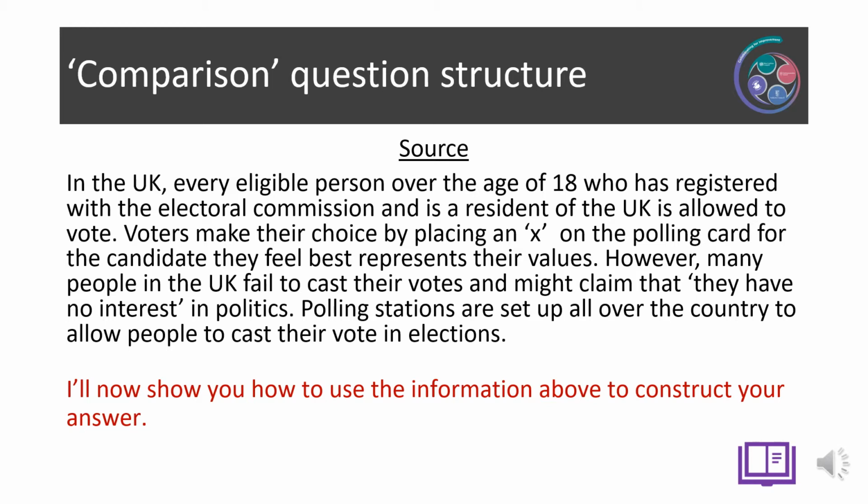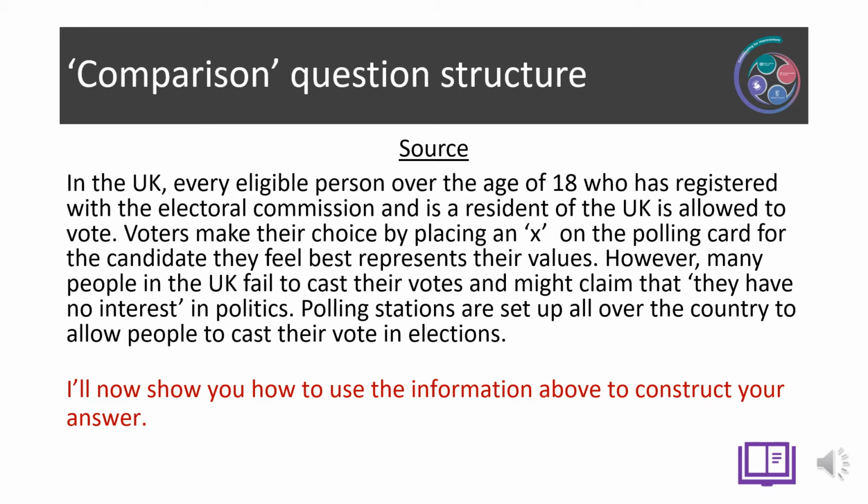Voters make their choice by placing an X on the polling card for the candidate they feel best represents their values. However, many people in the UK fail to cast their votes and might claim that they have no interest in politics. Polling stations are set up all over the country to allow people to cast their vote in elections.